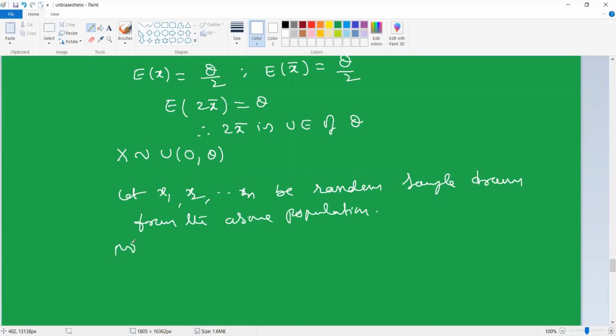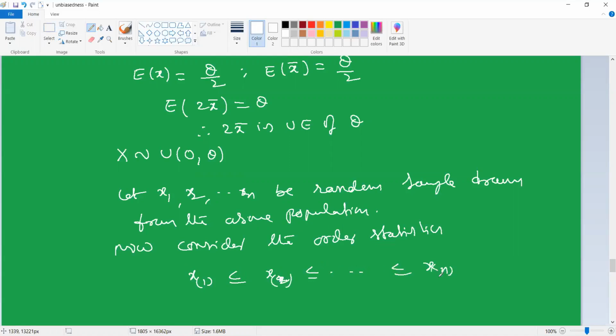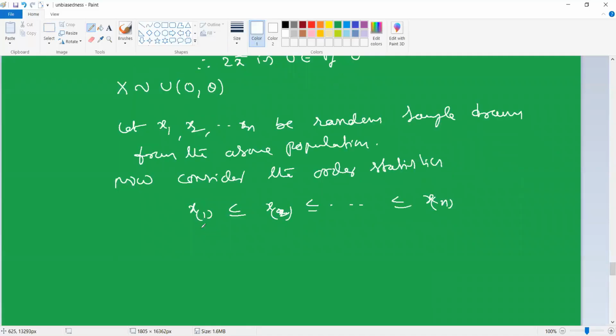Now consider the order statistics, already explained in the last video. Order statistics: x1 order less than or equal to x2 order less than or equal to and so on, xn order. Here x1 order is the minimum value, minimum of xi. Xn order is the maximum of xi. So this is denoted as x1 order, and this is denoted as xn order.